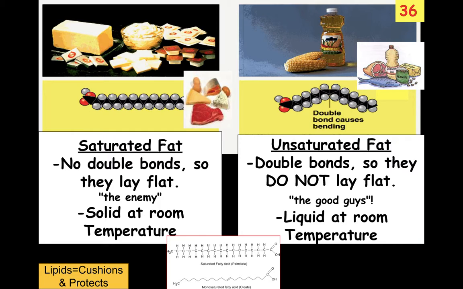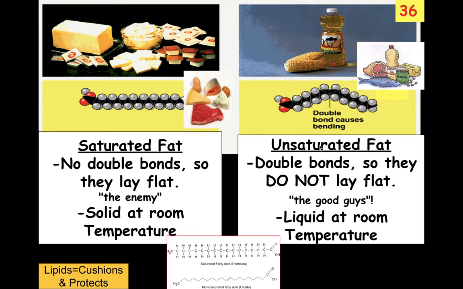These are the ones that remain solid at room temperature, things like butter, some cheeses, different fats from meats. They are considered the enemy in that they are not good for your general health. They're also, because everything is together, they form straight molecules.